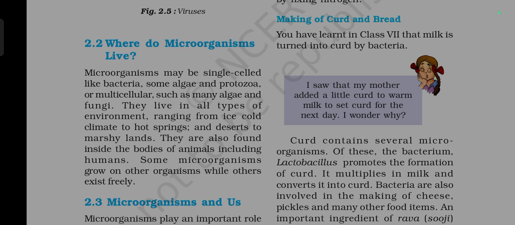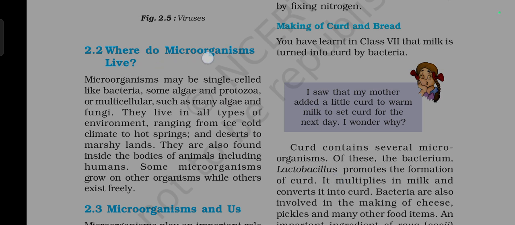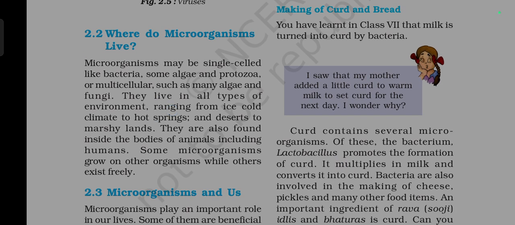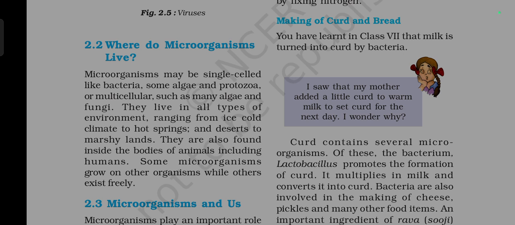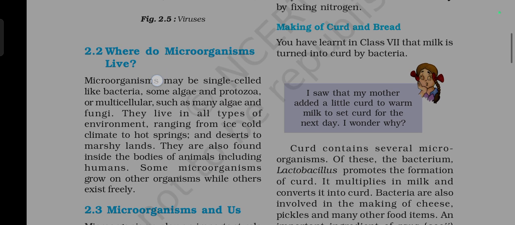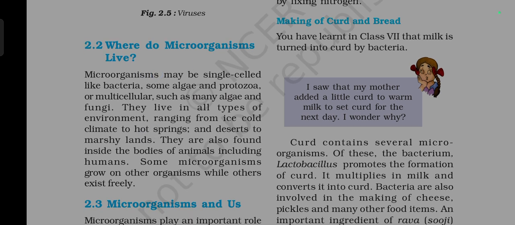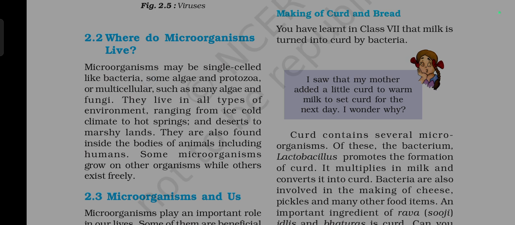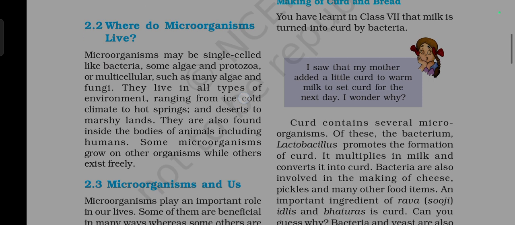Where do microorganisms live? The next question is, where do microorganisms live? Now find it. Microorganisms may be single celled like bacteria, some algae and protozoa.